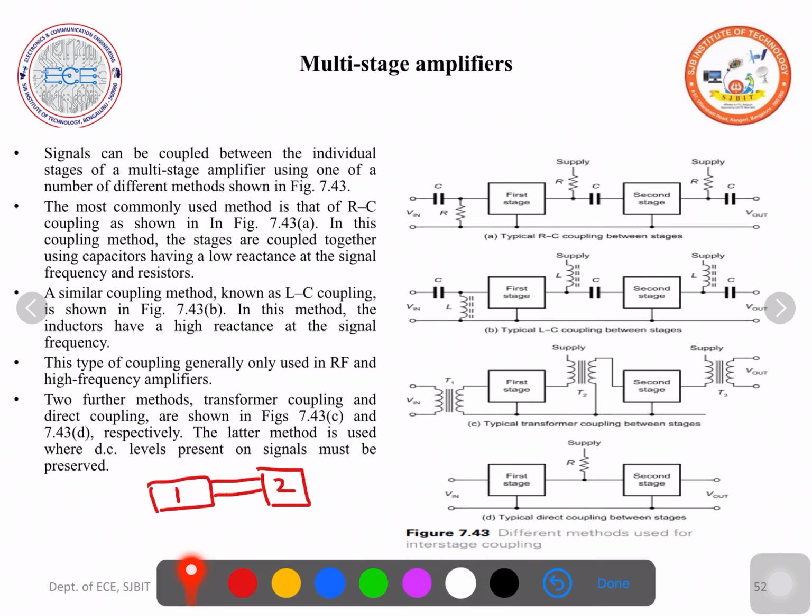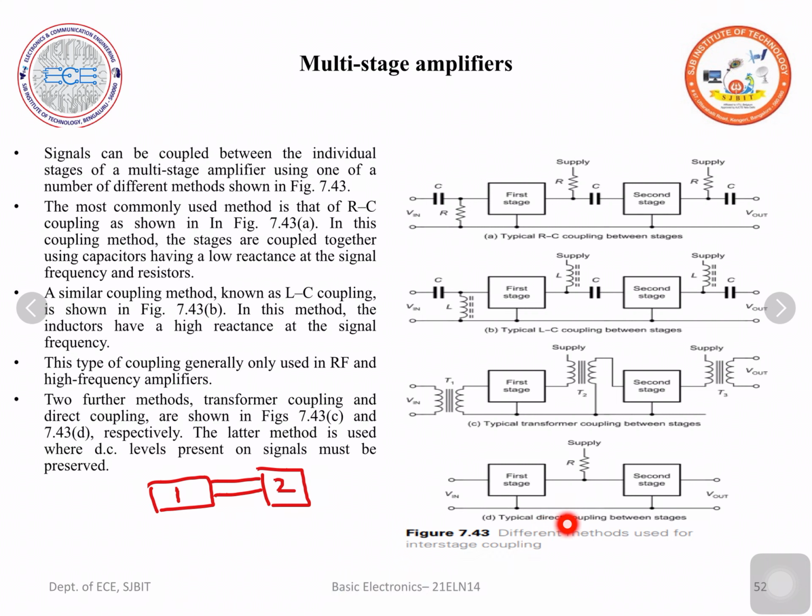Then here it is direct coupling. There is no transformer, there is no LC, there is no RC. Directly we are coupling these two stages. In this case, the DC values are transferred to the second stage. The DC levels present on signals must be preserved. When you want to preserve the DC values present on the signals, we go for direct coupling.